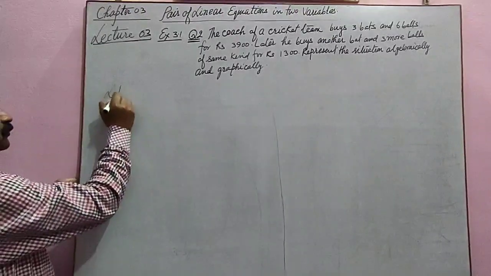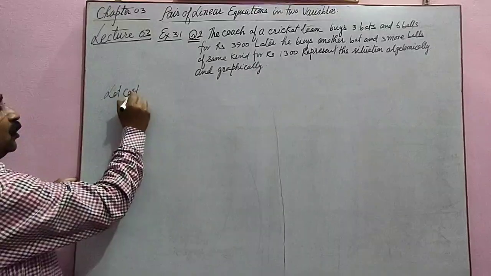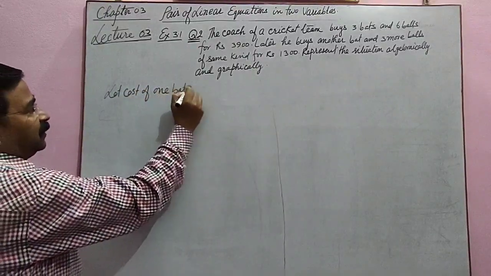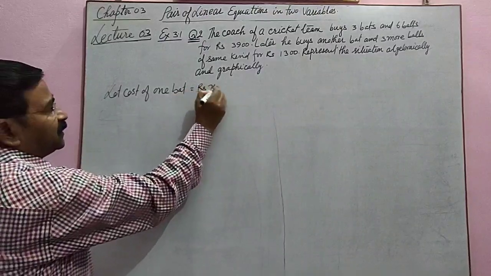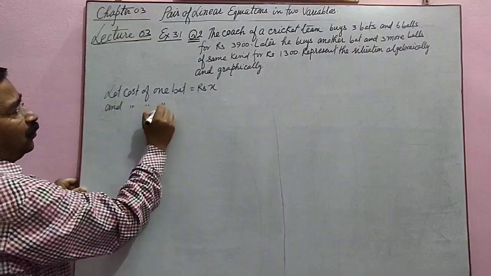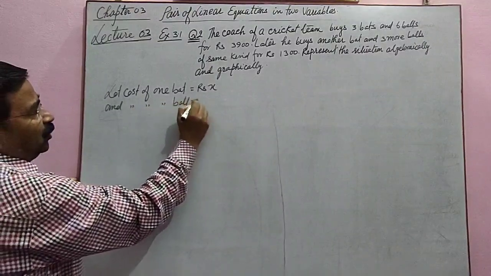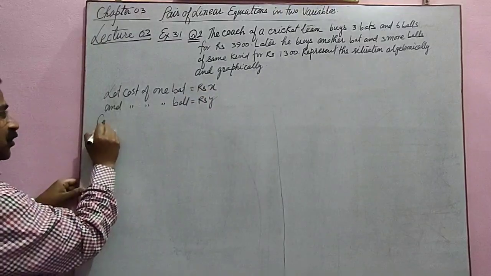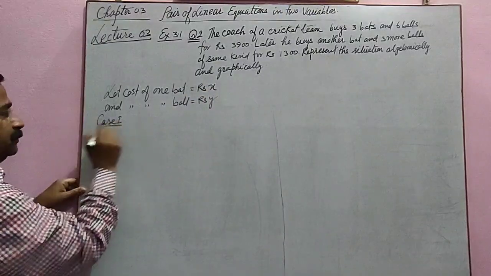Let's see. I am finding the 2 variables. Let the cost of 1 bat be rupees X and the cost of 1 ball be rupees Y. Now in the first situation, case first.